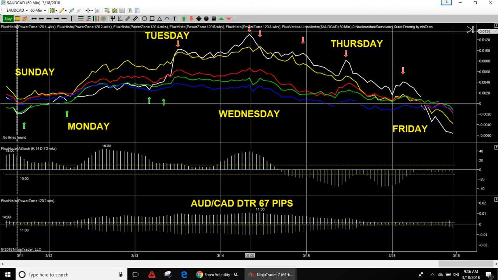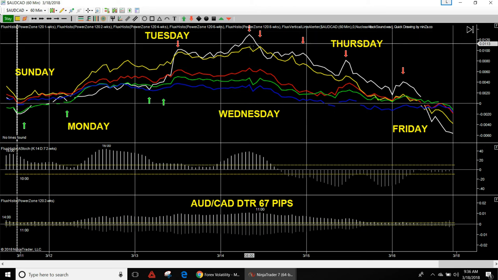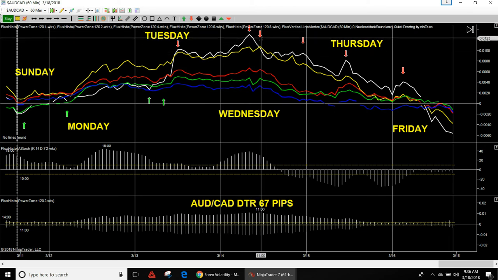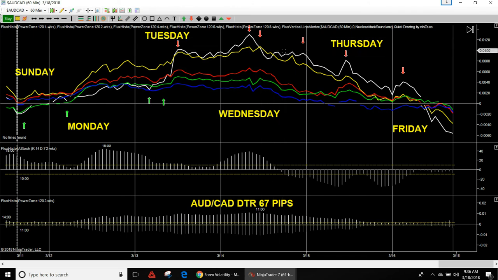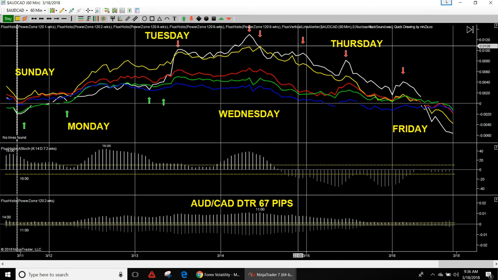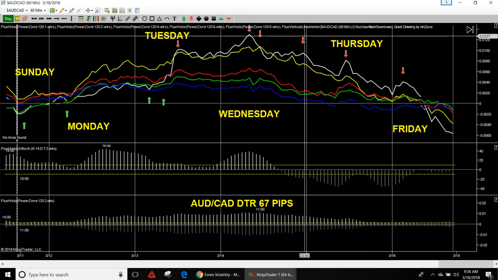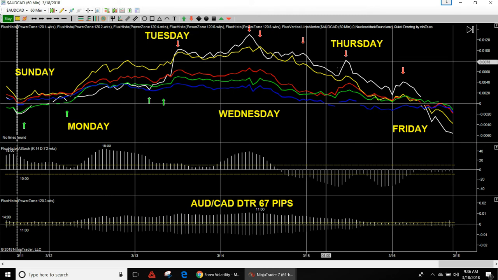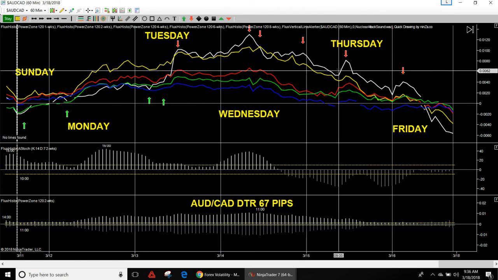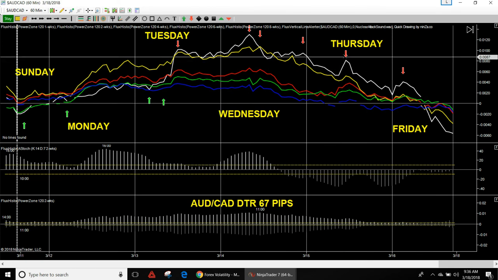8 a.m. Look for a short. Big time short. 8 a.m. Aussie Canadian going down to the south. All right, you got another sell opportunity here, 11 a.m. Then it's going to pull back somewhat. And then you got another sell opportunity here at 2300, down to the south. Then 9 a.m. in the morning, pull back.